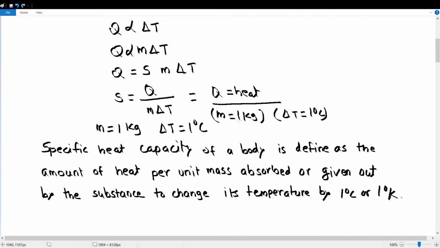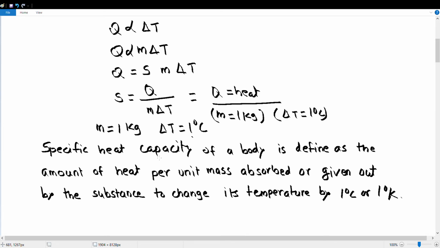For the mass of 1 kilogram meaning unity, and for the change in temperature 1 degree Celsius meaning unity, the heat which is absorbed or released by that body to change its temperature by 1 degree Celsius is nothing but the specific heat capacity.